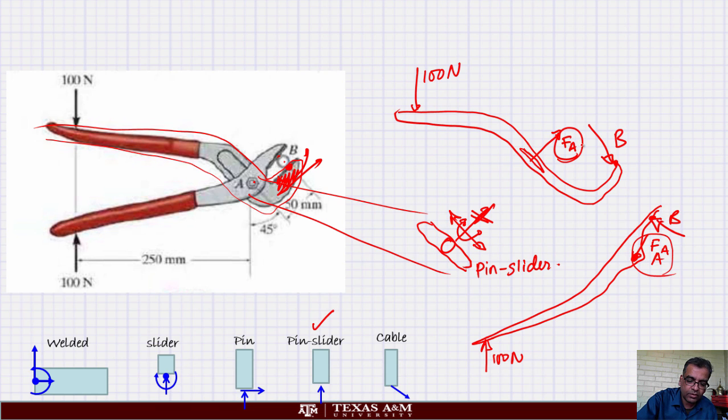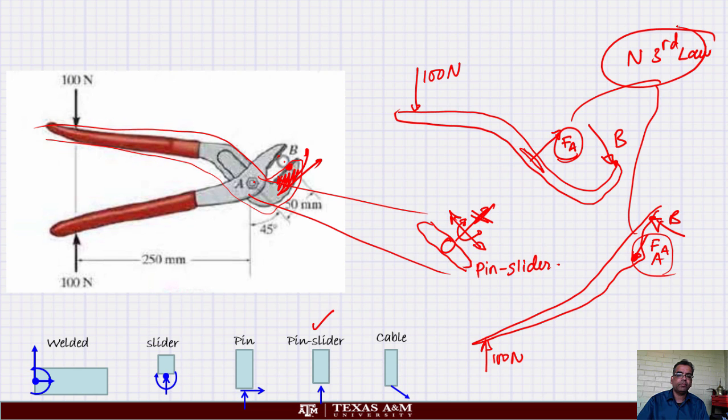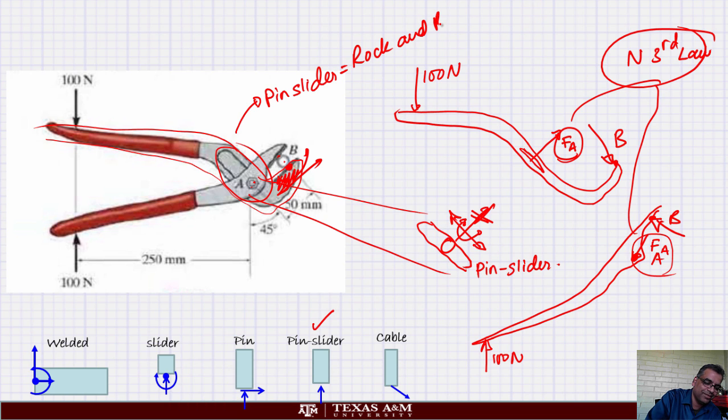This is because of Newton's third law. You don't have to do it. You can draw a separate force, but then you'll have to recognize basically that this is a pin and slider. That's all. So the basic idea is pin slider here, which is equal to rocker and roller.